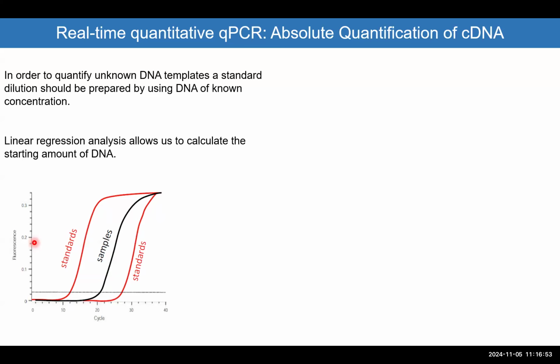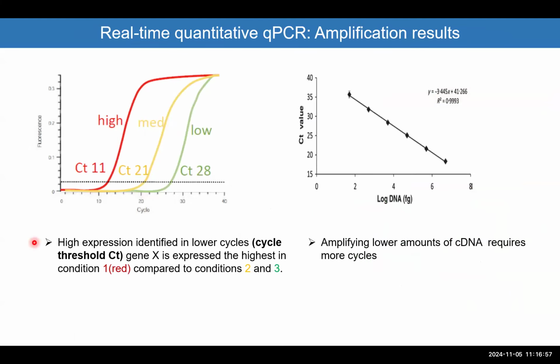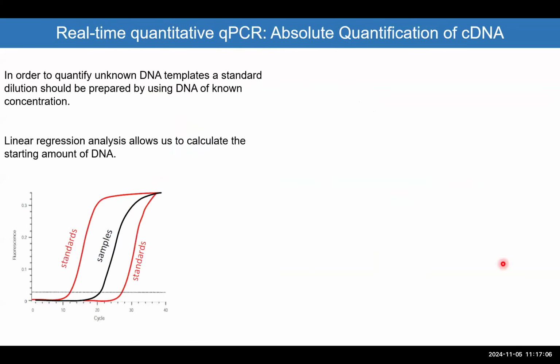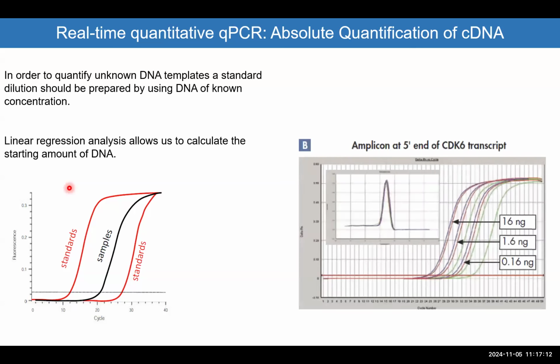We can know how many cycles we have, and we can calculate based on the curve. If it's cycle 22, then we had 5 femtograms of DNA. So that's an absolute way. We don't use this too much in the lab, to be honest. And the most widely used is the relative analysis.